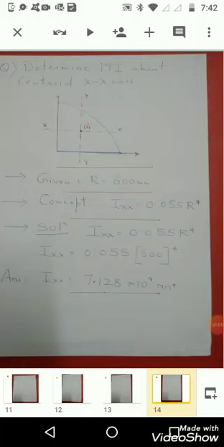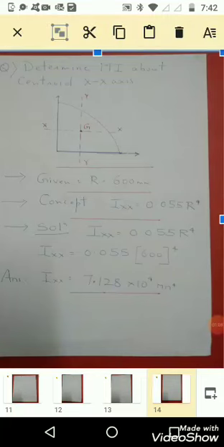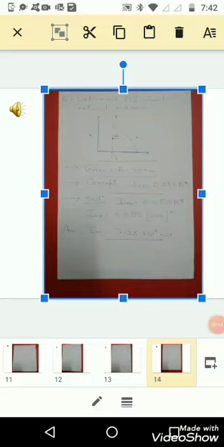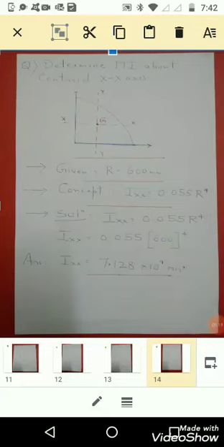Now we are to determine the moment of inertia about the centroidal x-axis for the given figure. The given figure is a quarter circle with radius r. So Ixx is equal to 0.055 r raised to 4. I repeat, 0.055 r raised to 4.